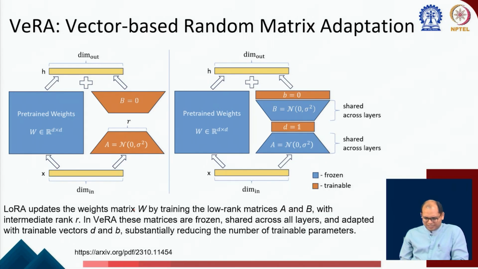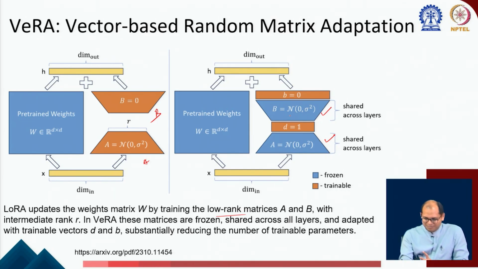So, what LoRA says, in LoRA you have these A and B matrices, right. They are low rank matrices with rank R. Every layer you have separate matrices, right. So, what VeRA does is, why do not I just use some A and B, they are some random parameters, and you freeze them.